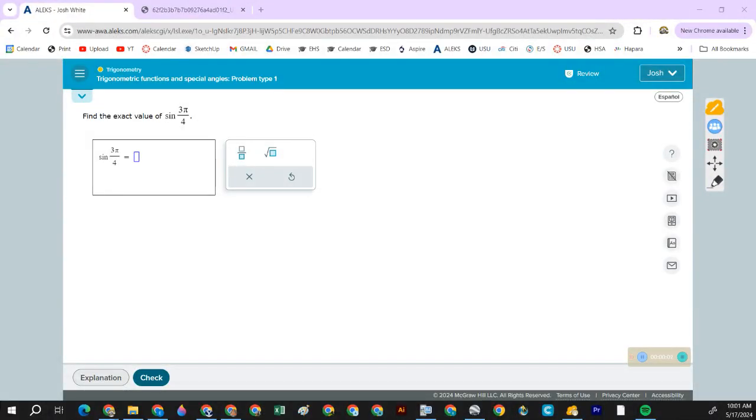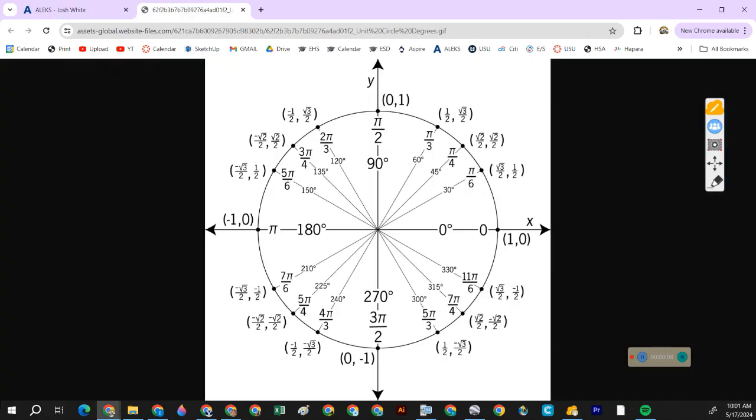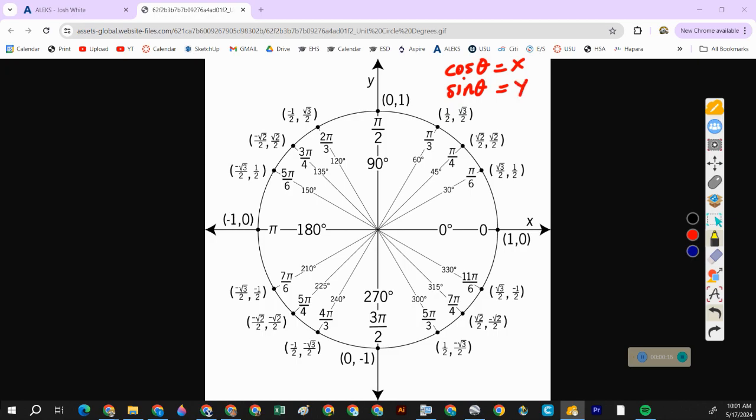All right, this wants us to find the exact value of sine of 3 pi over 4. So on our unit circle, remember that the cosine of theta equals x, the sine of theta equals y, and the tangent of theta is y over x.